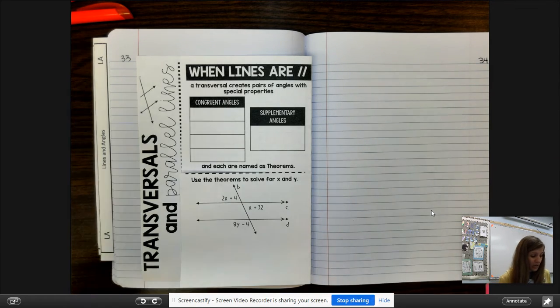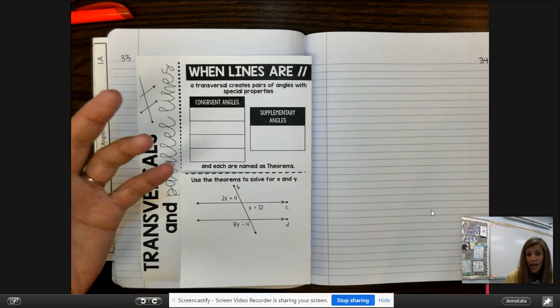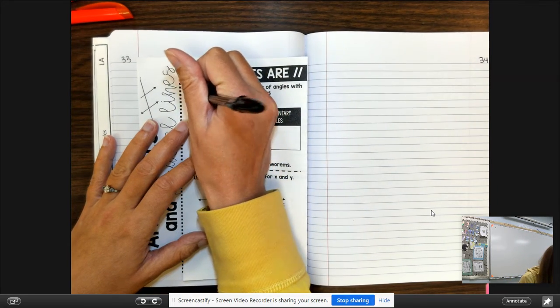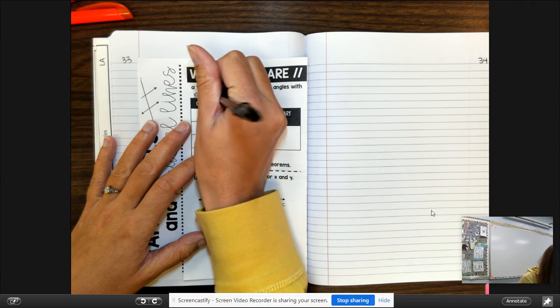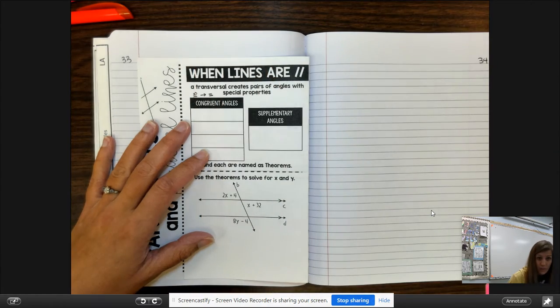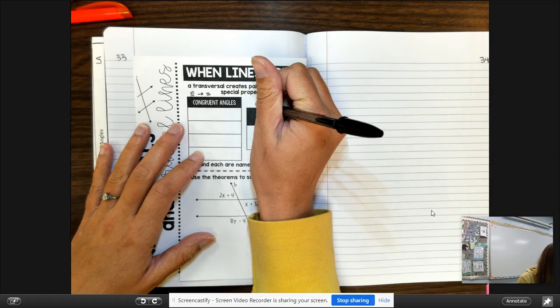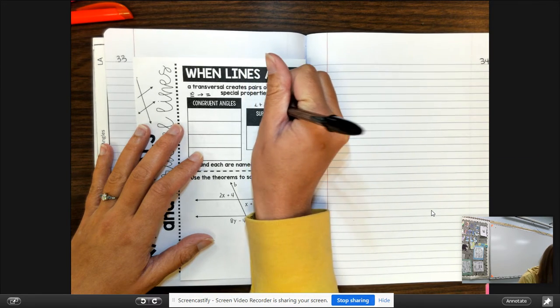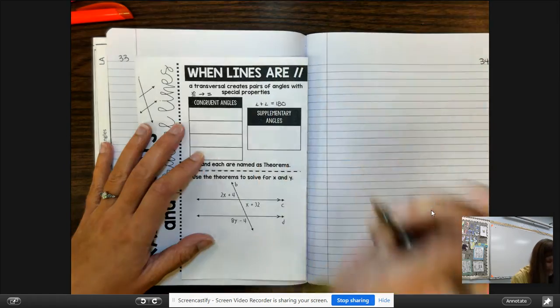So that's also like a great equation that I can write to help solve for stuff. So congruent just helps me to write the equation where two things are equal. Supplementary helps me to write the equation, add up two angles and set them equal to 180.